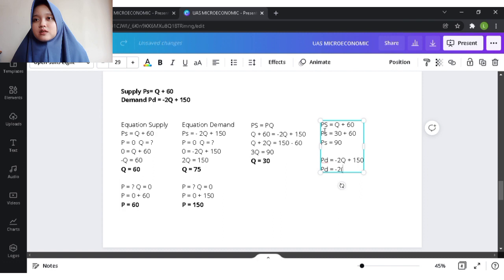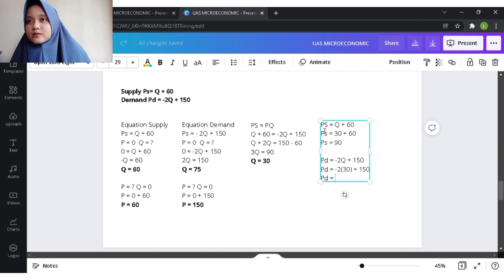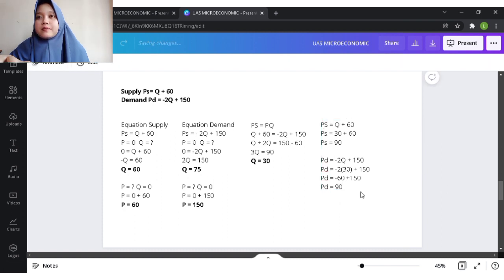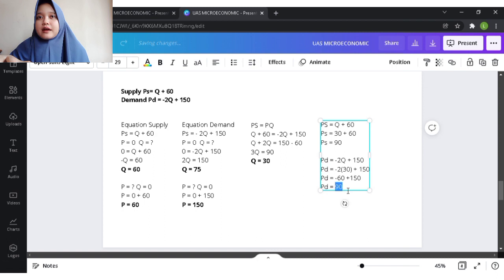So we get minus 60 plus 150. And we get the same, which is 90. So PS we get 90, and we get PD also 90.